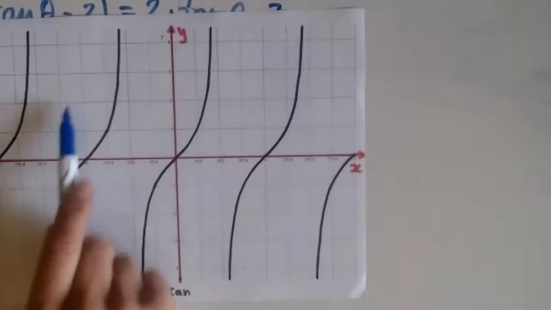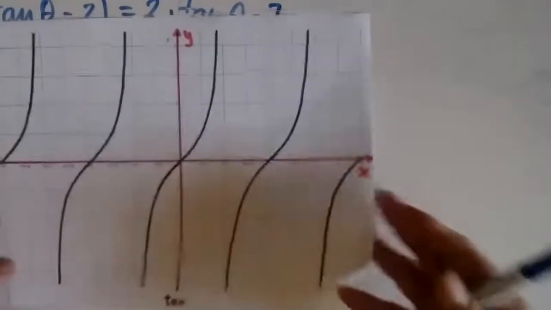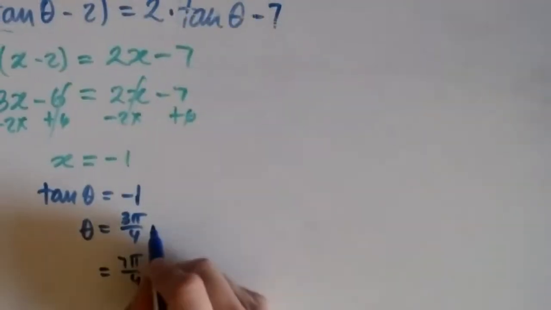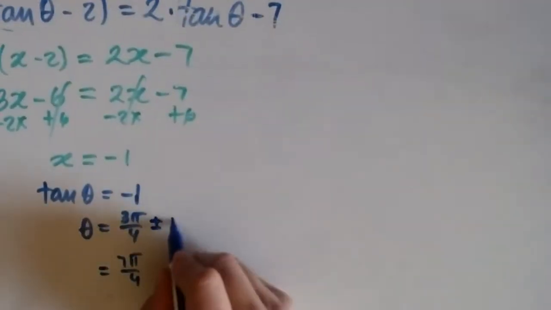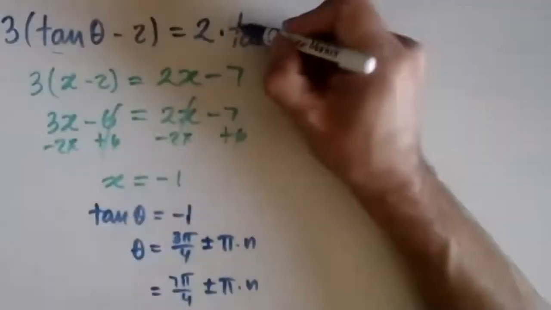So if you put here a negative 1 intersecting, you repeat every pi. So you have plus minus pi n, correct? Everybody?